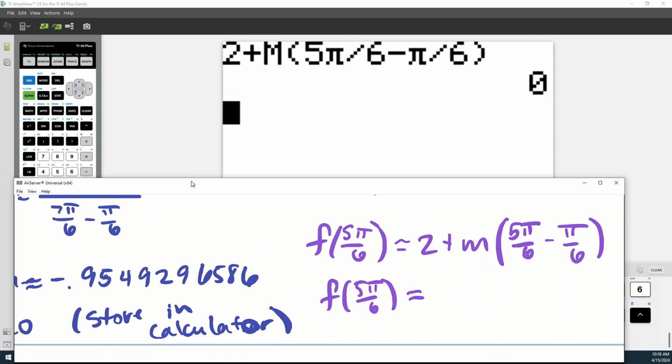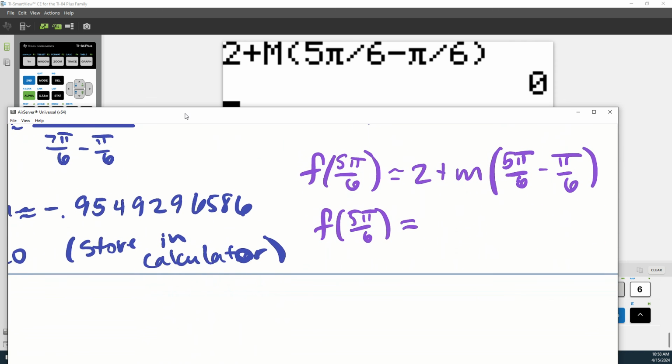There we go. We got 0. So that's an approximation for f of 5 pi over 6.